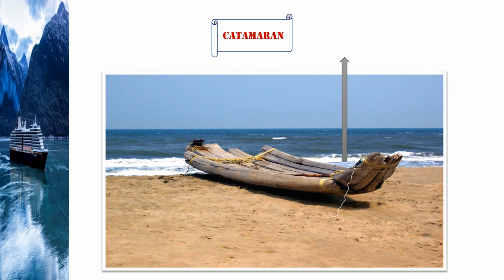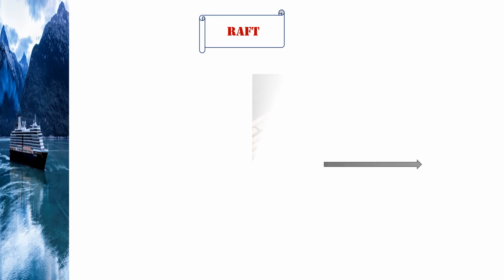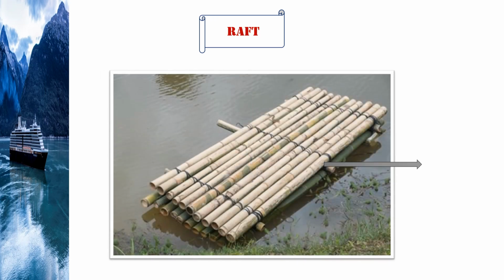It is the picture of catamaran. Here the wooden logs are tied together and it is triangular in shape. It is the picture of raft. Here the pieces of wood are tied together and it is square in shape.